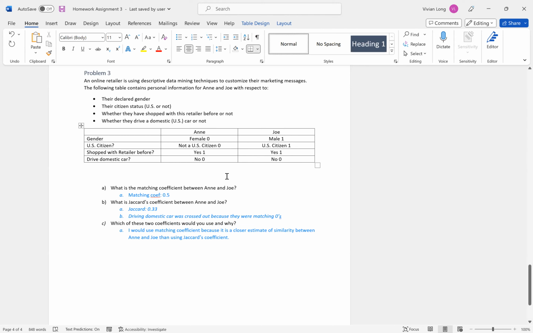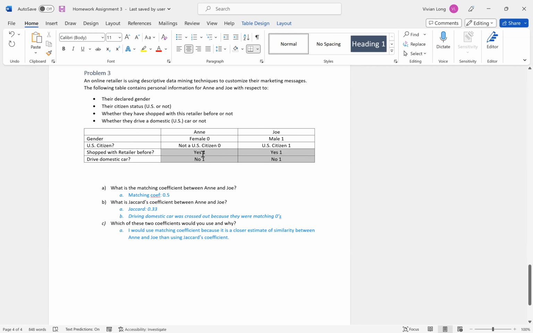We can definitely do so. So if I change this no to ones, now we're saying Jaccard's coefficient means that we're crossing out all the zeros. And that means we're only getting ones that match.